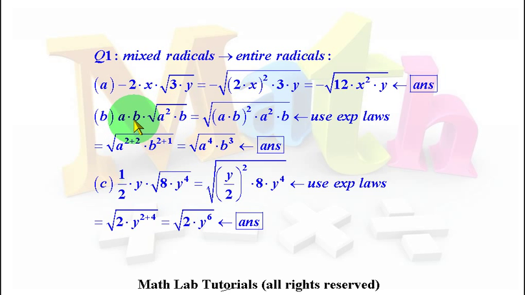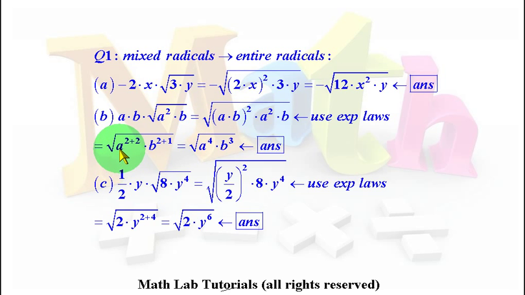We have a times b, square root a squared times b. We identify the good guy as a times b. The bad guy is a squared times b. To bring the good guy inside the jail, we have to square it. And that's what we do. And then we use exponent laws to simplify the inside of the jail.